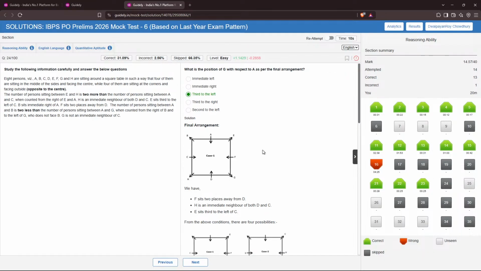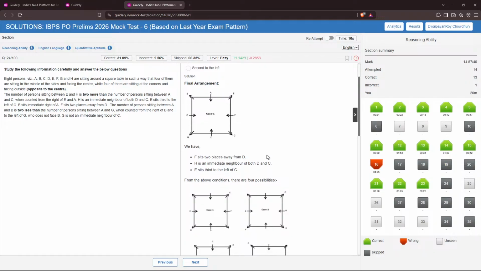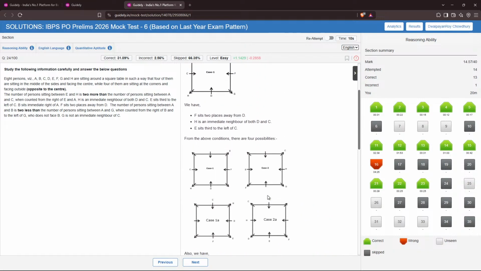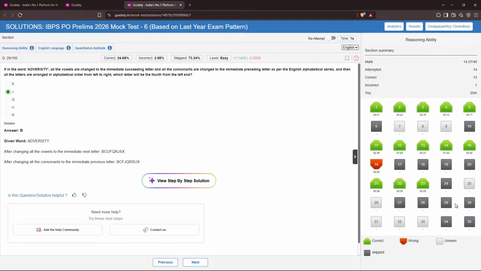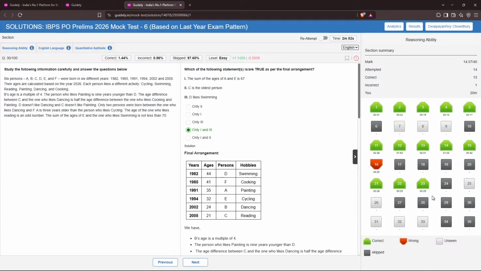Then again, I tried this one also. I did not. So yeah, 24 to this, 29, 36%.